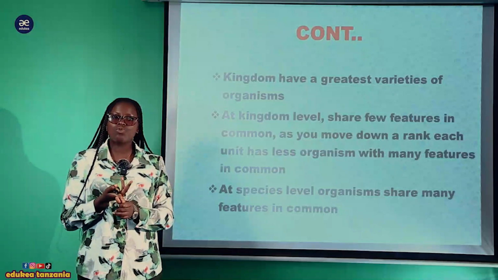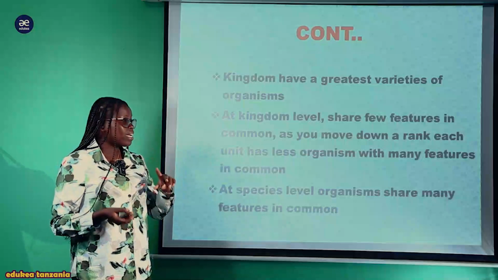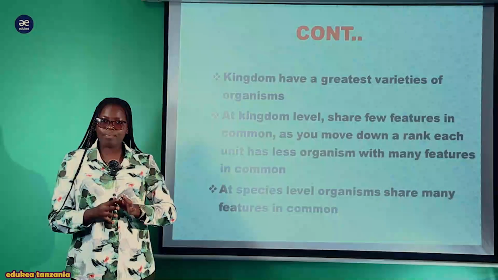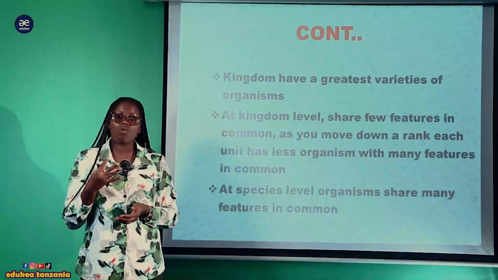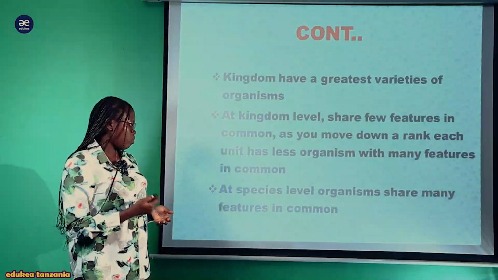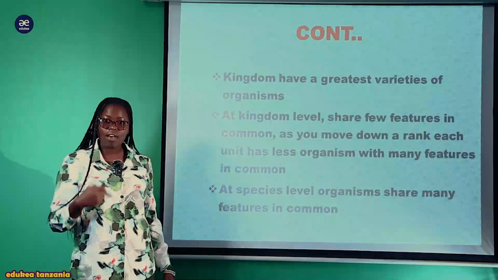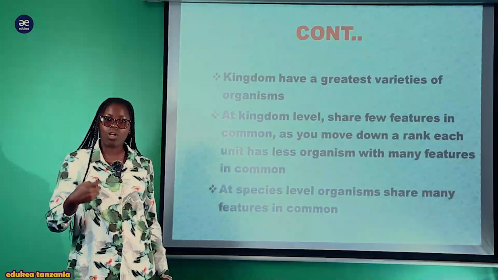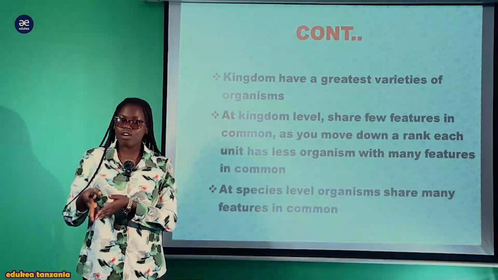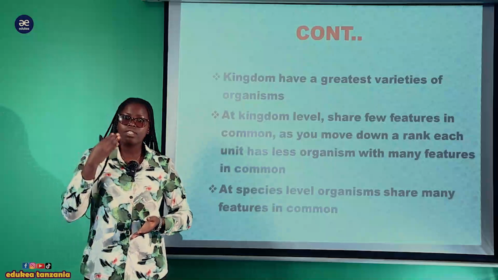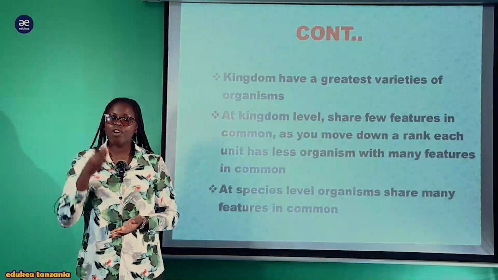So a kingdom comprises different organisms with different characteristics, but only a few of them are shared. Also, at species level, organisms share many features in common. At the lowest rank, which is species, there are many features in common, meaning that organisms found in the same species belong to the same ancestor, and therefore they can interbreed and produce a fertile offspring of their own nature.